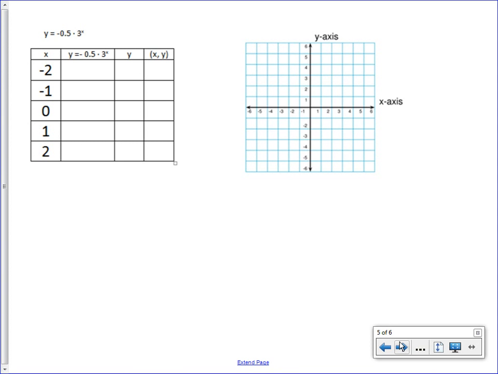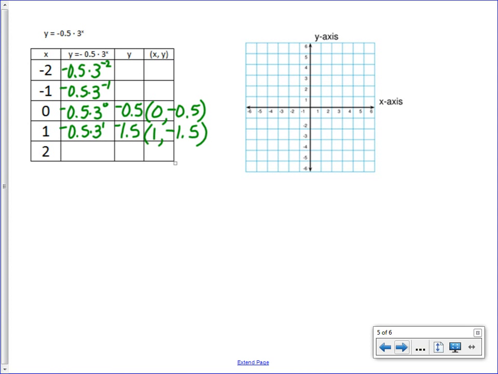So once again, we're going to take negative 5/10 times 3 to the negative 2, negative 5/10 times 3 to the negative 1, negative 5/10 times 3 to the 0, which of course is just going to be negative 5/10, and negative 5/10 times 3 to the first, which will be negative 1 and 5/10, and negative 5/10 times 3 squared, which is going to be negative 4.5.